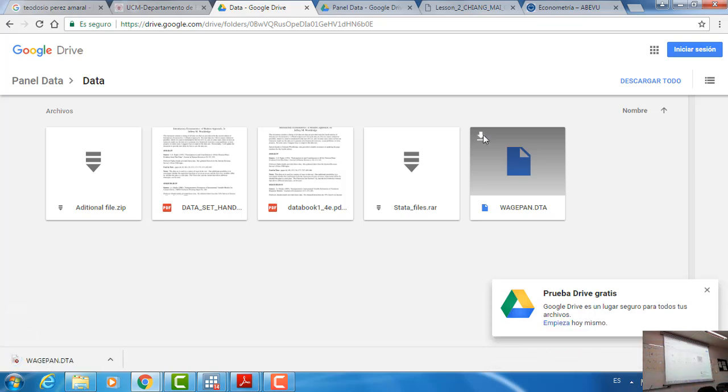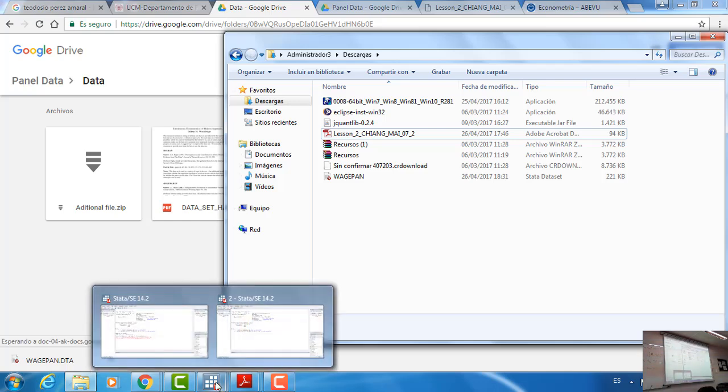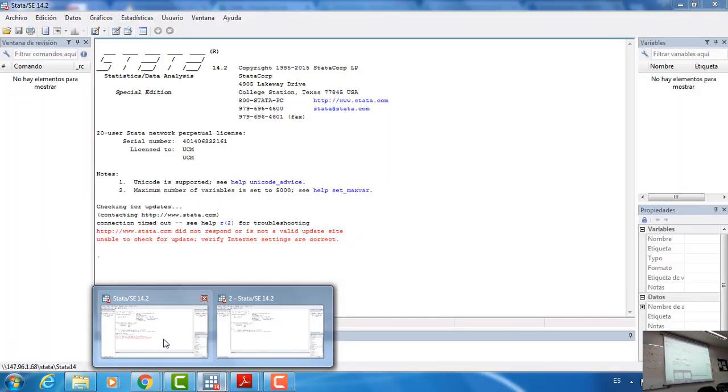So it is wagepan, panel of wages, .dta. And this is a basic panel data set that I am sure will work in Stata 9 and 14. At least it has worked every time that I have tried.